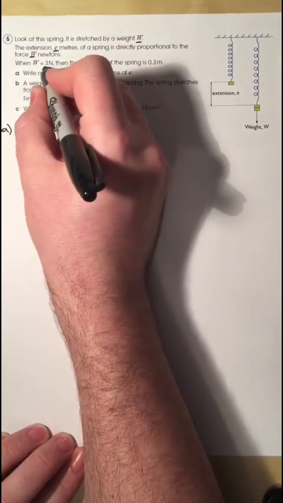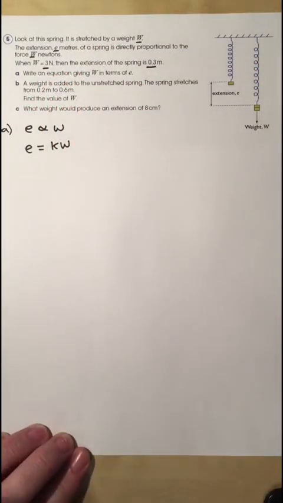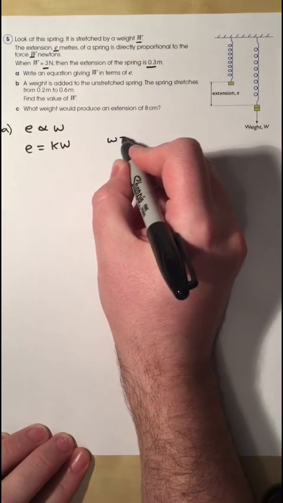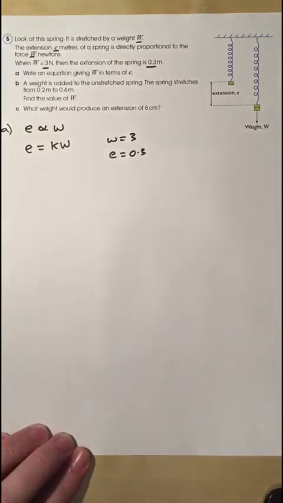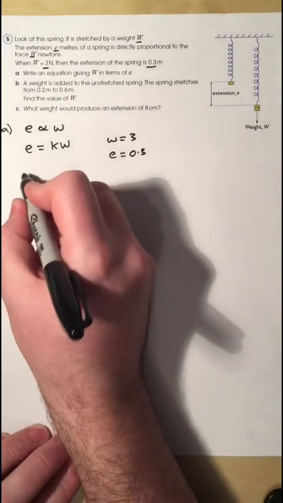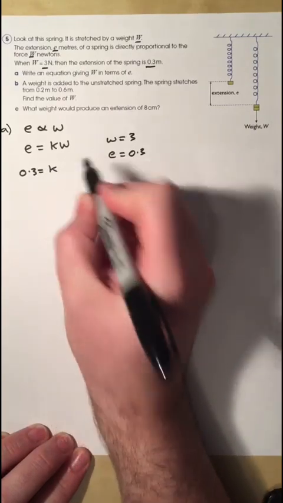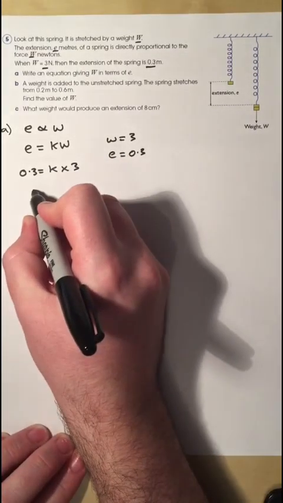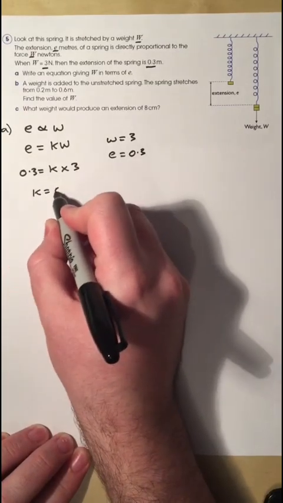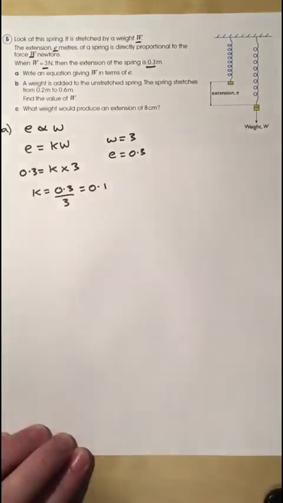Now from the question, when W equals 3, the extension is 0.3. We put these values into the equation, substitute them in. 0.3 equals k times 3. K then must equal 0.3 divided by 3, which is 0.1.